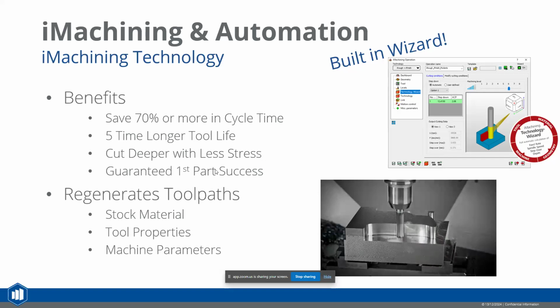But the way that iMachining cuts, it will save you up to 70% or more time on your cycle. You'll get 5 times longer tool life. You end up cutting with the full length of the tool, or the maximum length of the tool that you can. iMachining is also designed for first part success. So even though this toolpath will run very fast, it's not going to crash and it will give you a good part.